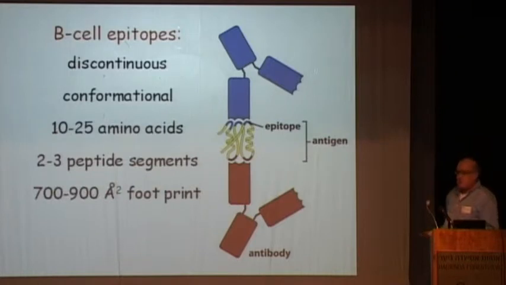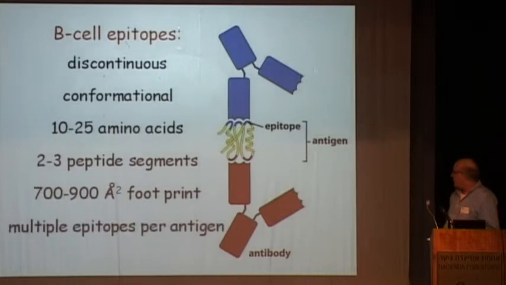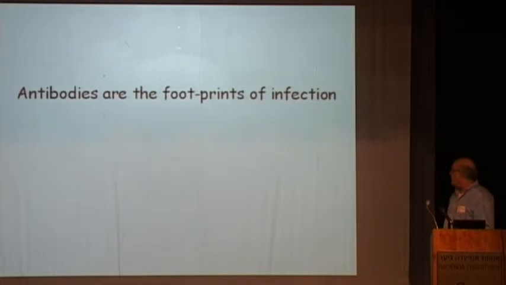The footprint recognized by the antibody is about 700 angstrom squared. And the important factor I'd like to stress in the concept of immunodiagnostics is that an antigen contains multiple epitopes. Okay, so that gives you a crash course on what antibodies do and how they bind their antigens.